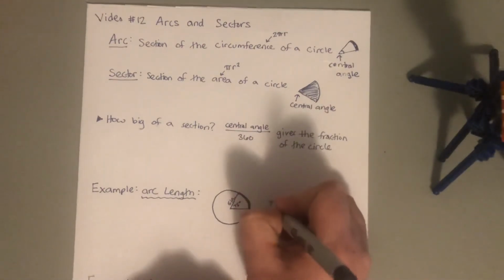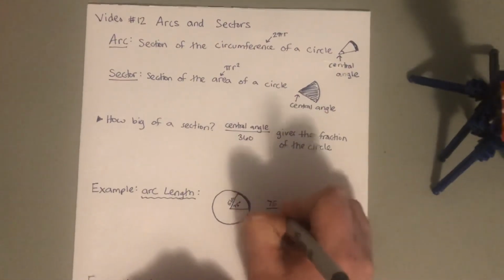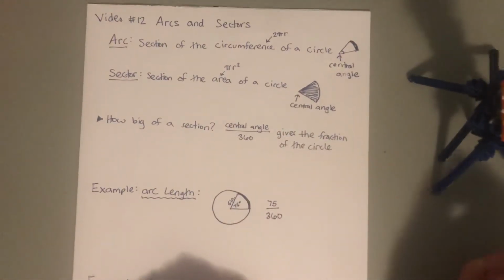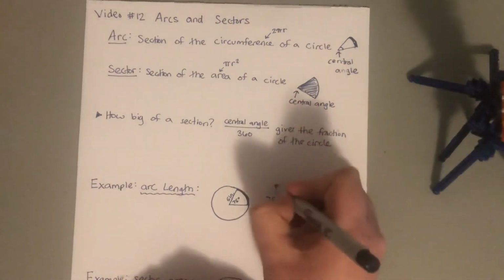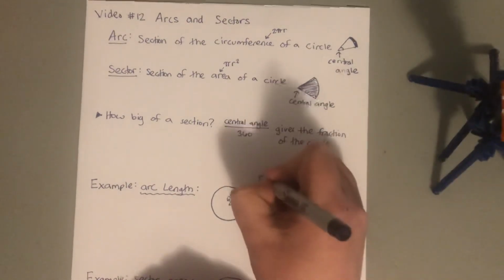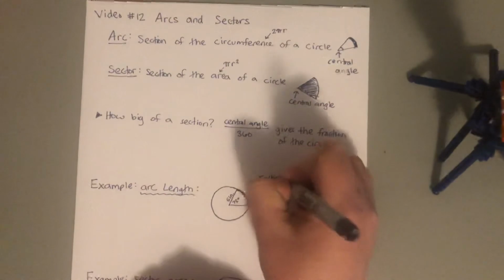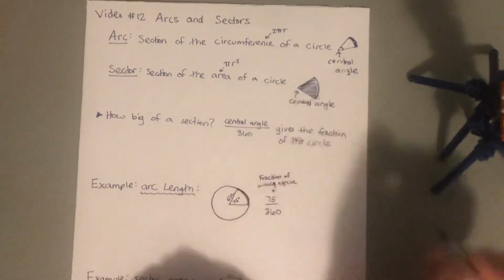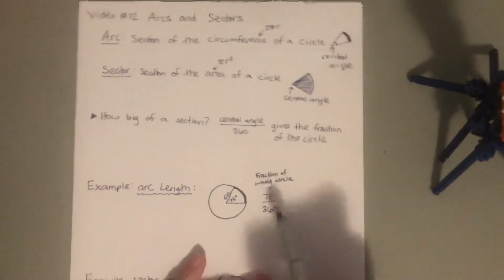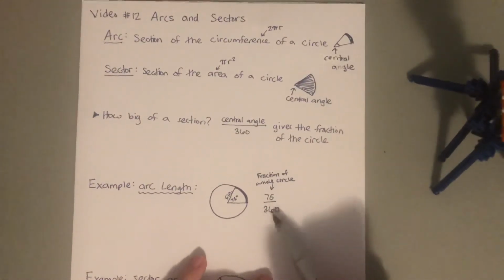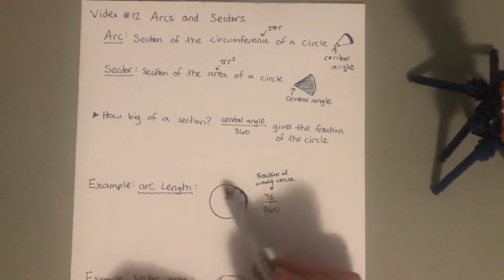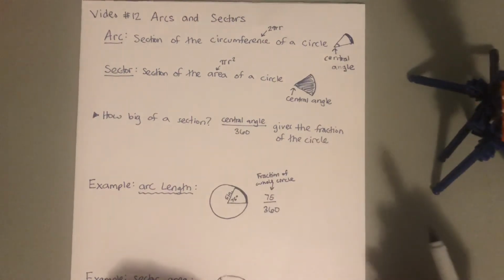So whatever the whole circumference is, we multiply it by the fraction we're looking at. We're going to put an arrow pointing to that and say fraction of whole circle. The whole circle is 360 degrees, but our arc just goes through 75 of those degrees. So we find the entire circumference and then multiply it by this fraction.